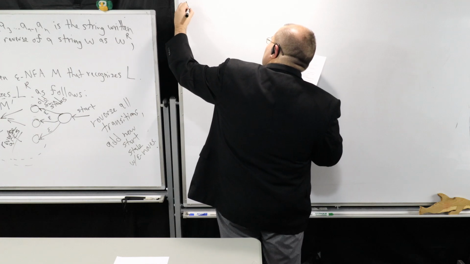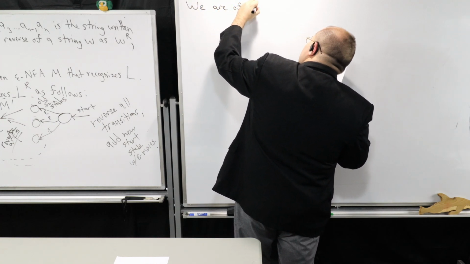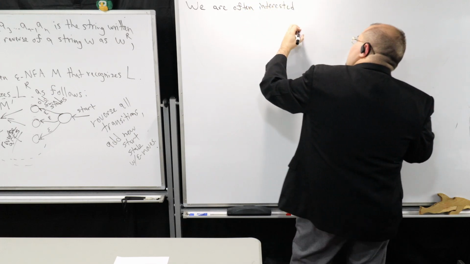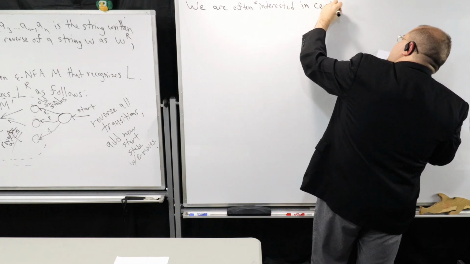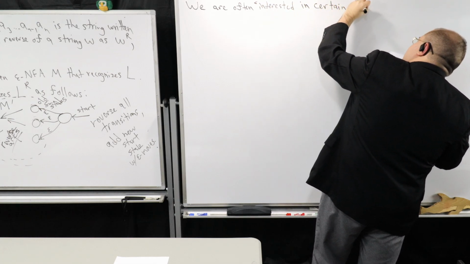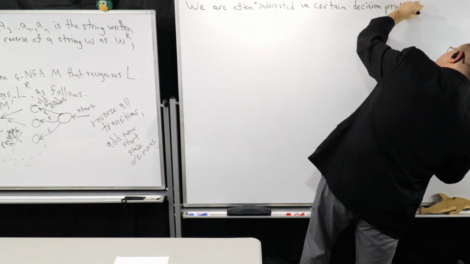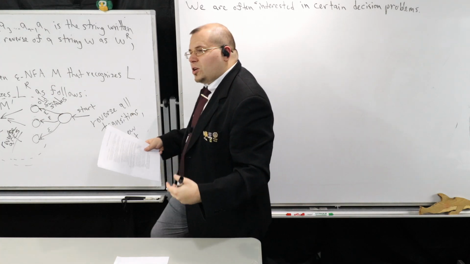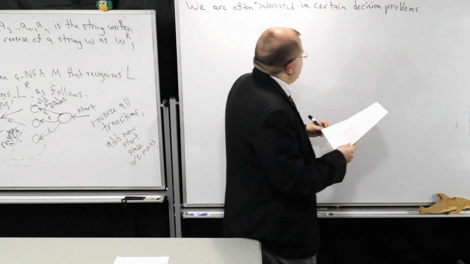We are often interested in certain decision properties or problems. We'll say decision problems. Some of these are going to come up as we progress through the course. Some are going to be harder than others, so just be aware of that.